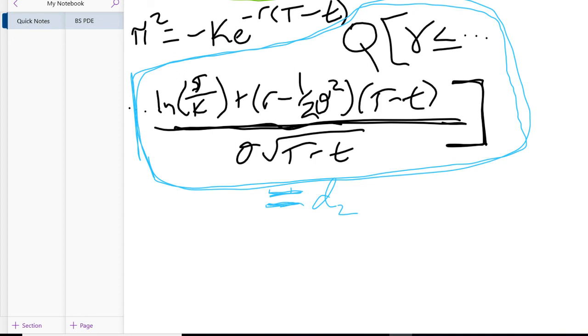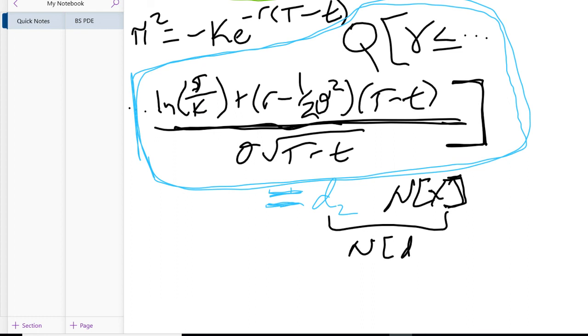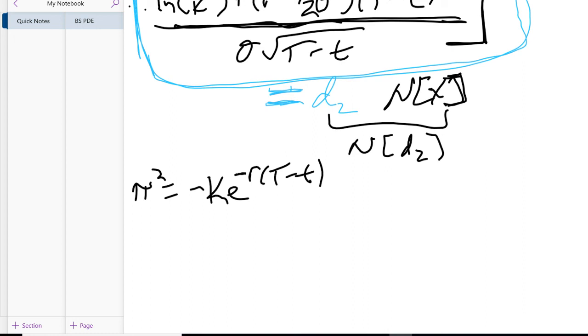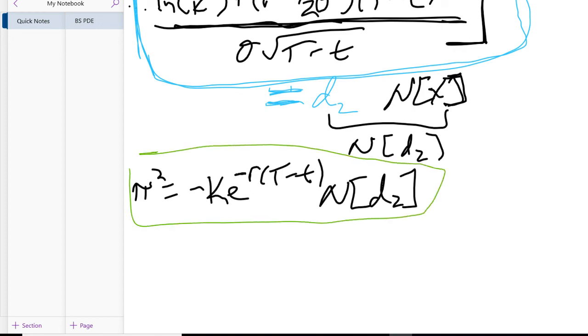The cumulative normal distribution function N(x) then becomes N(d2). Thus, this part of the equation, that is pi 2, finally becomes negative K e to the negative r (T minus t) times N(d2). So that is the solution to that part.